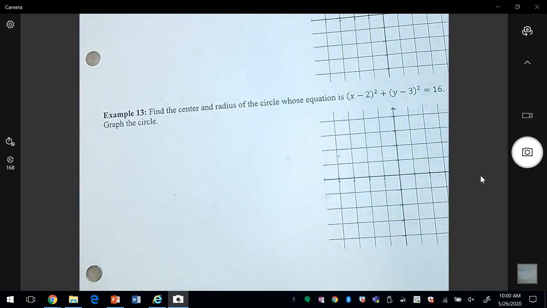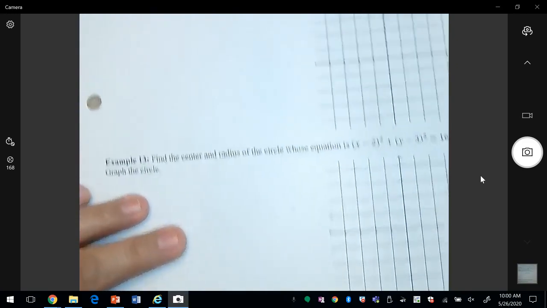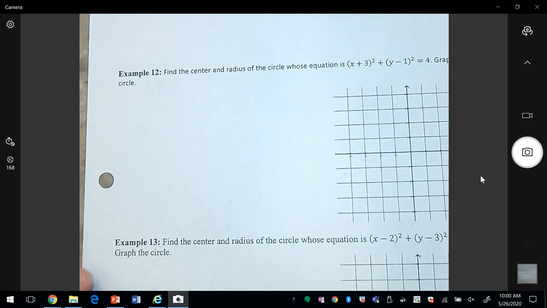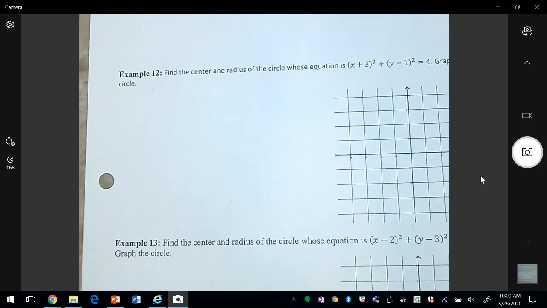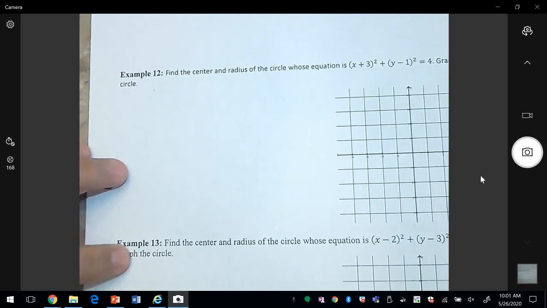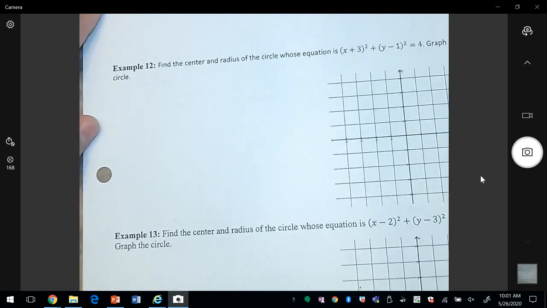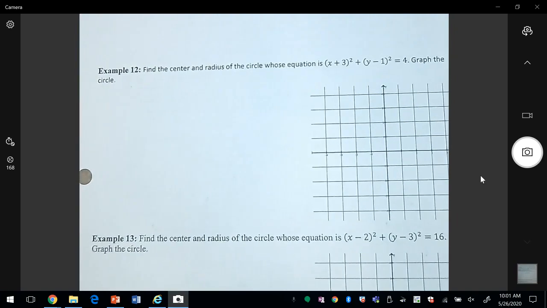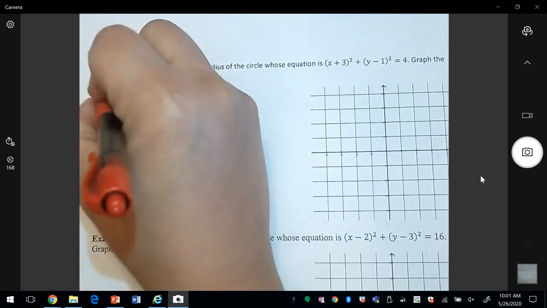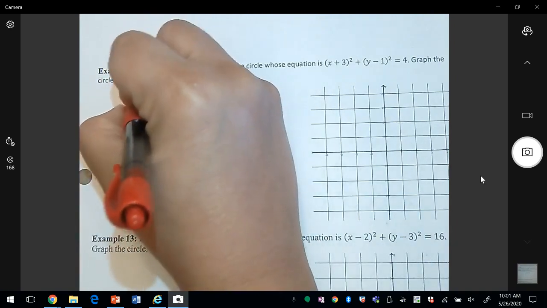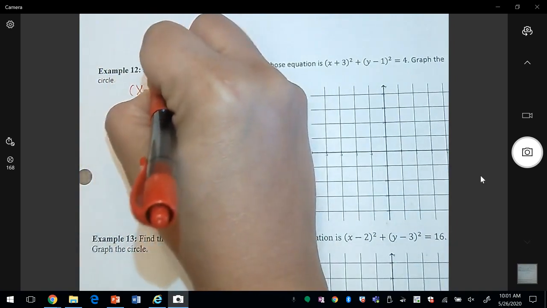So let's go to the next page. Let's work on example 12 and 13, and then we'll come to example 11. So first I'm going to do example 12. I always like to write down the formula just so it's in front of me.